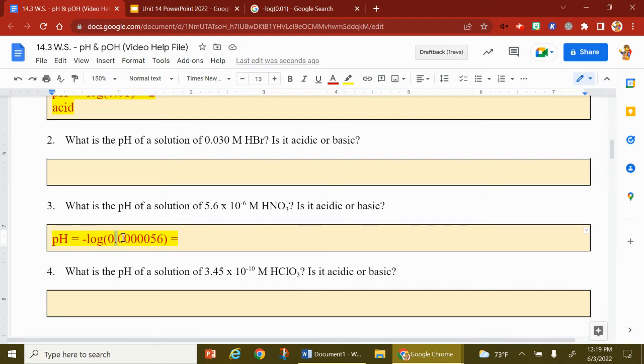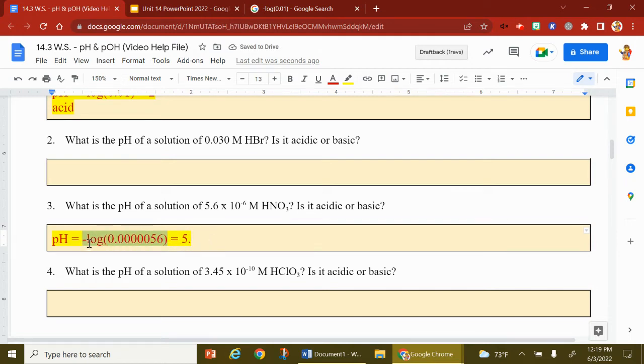If we bounce it 1, 2, 3, 4, 5 times, we get 0.56, which is less than 1. But if we bounce it 6 times, we get 5.6, which is more than 1. So we're bouncing this somewhere between 5 and 6 times. So I'm betting that the pH of this thing is 5 point something, somewhere between 5 and 6.